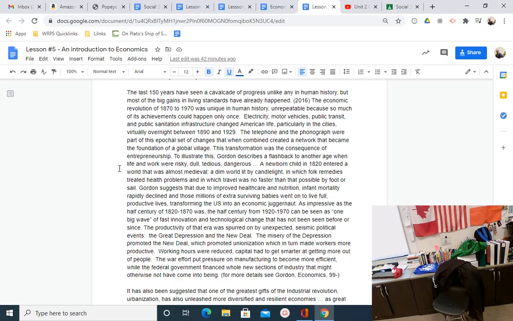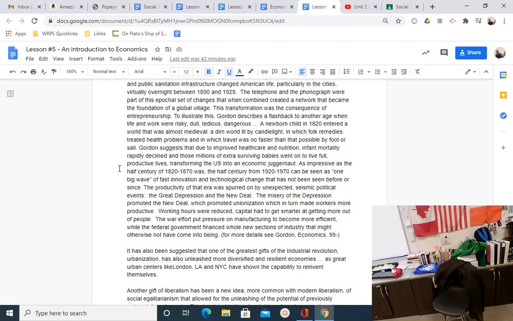As impressive as the half-century of 1820 to 1870 was, the half-century from 1920 to 1970 can be seen as one big wave of fast innovation and technological change that has not been seen before or since. The productivity of the era was spurred on by unexpected, seismic political events, the Great Depression and the New Deal.